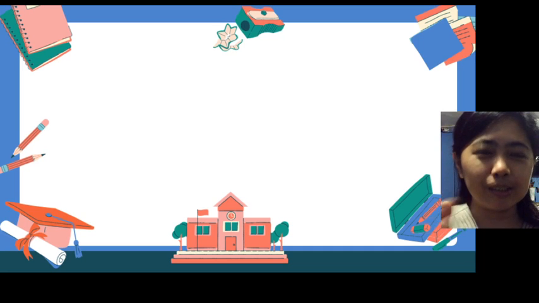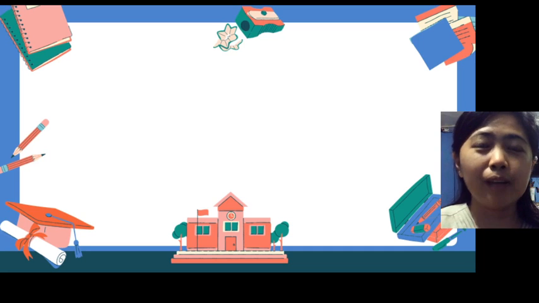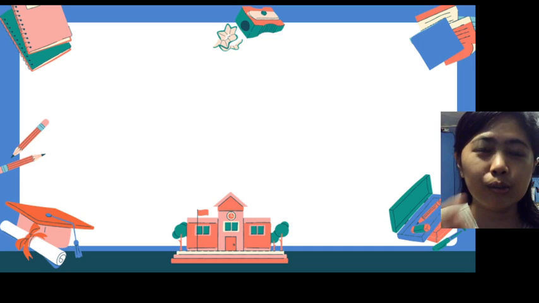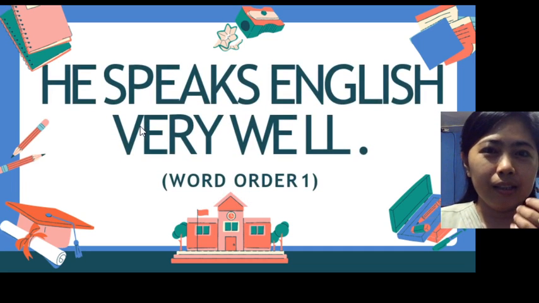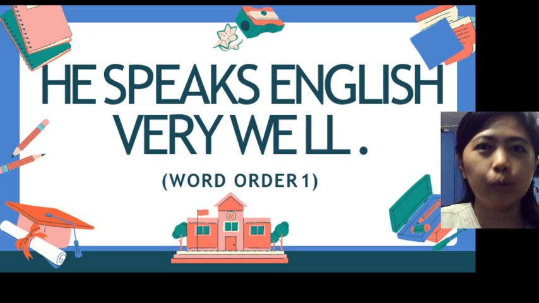So this is also something that you would know how to explain or to use sentence structure to students who just started learning English. Okay, so for today's topic, we're going to have the sentence structure, word order 1. So the very basic.